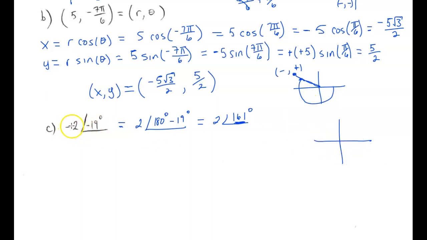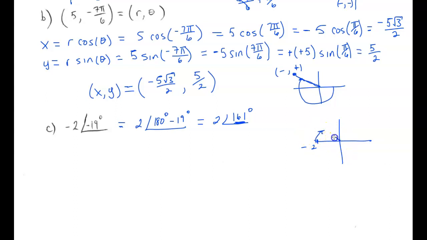So if I was to plot this point here, and let's say this is negative 2, 0, then I would come out from the origin to this point here and then spin, sorry, I need to go in the other direction. And then spin this way 19 degrees, okay?